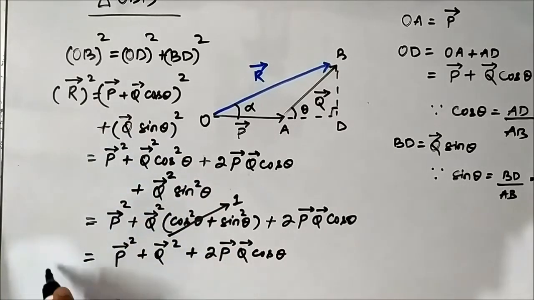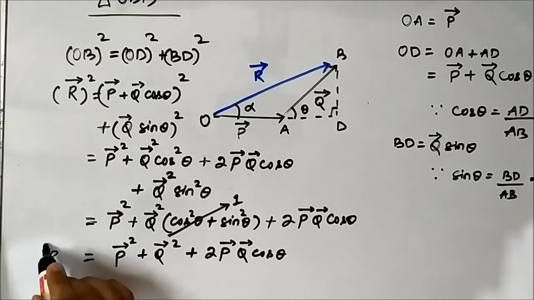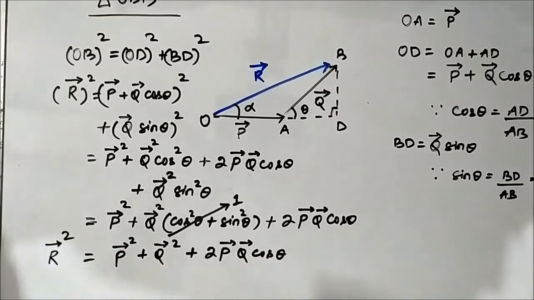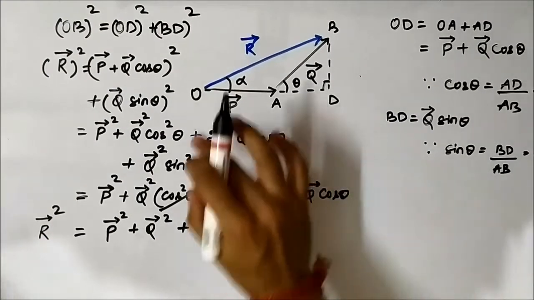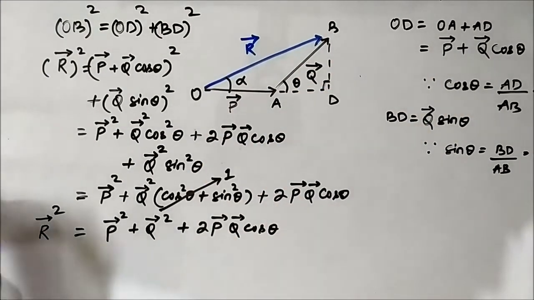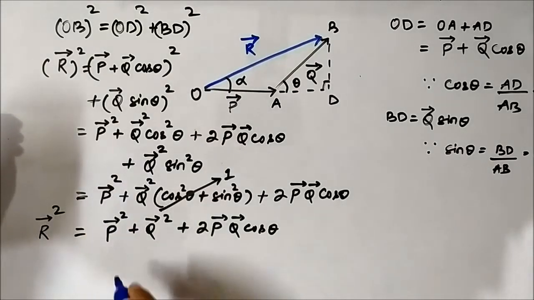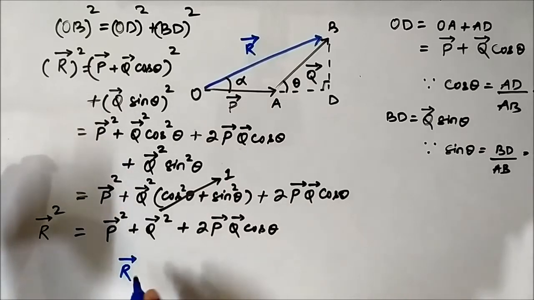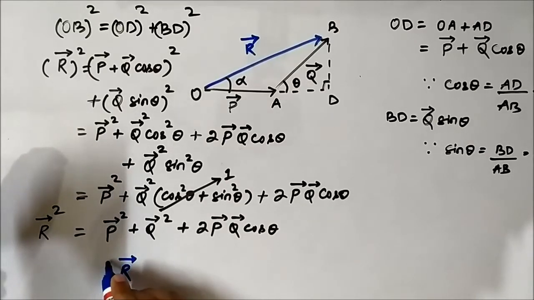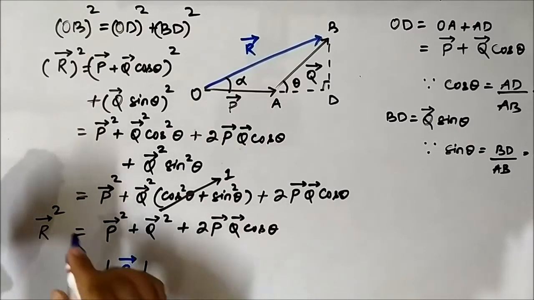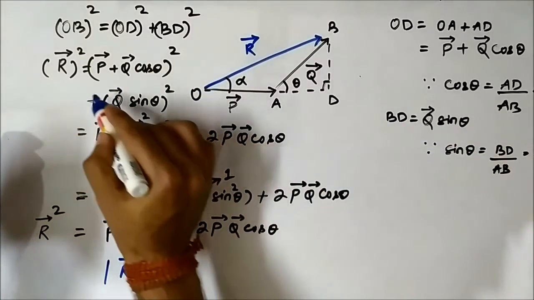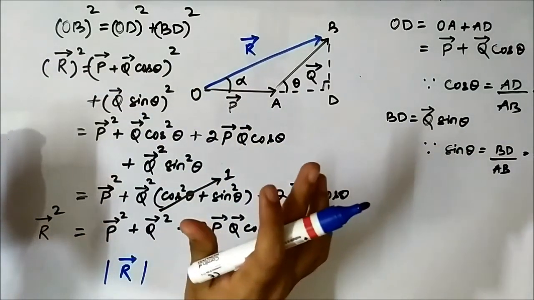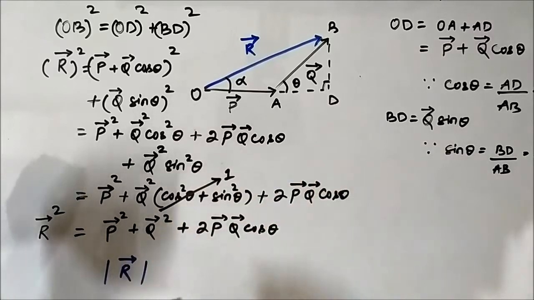This is R vector square. So R vector, the resultant vector's magnitude, is simply R. I am putting the vector sign in just so that you don't have any confusion.